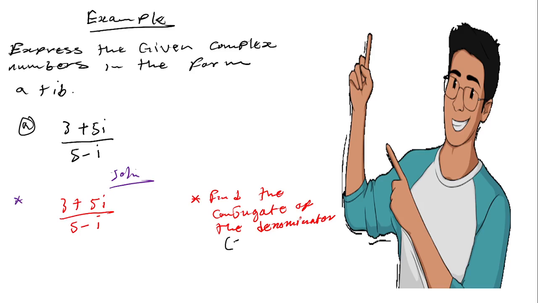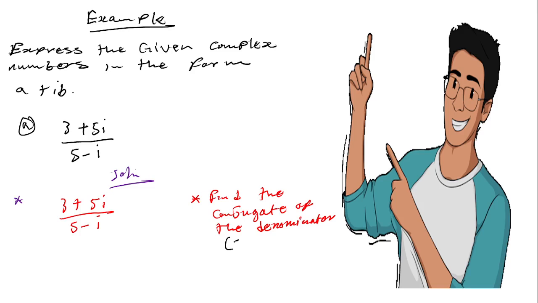After you find the conjugate of the denominator, your next step is to multiply that conjugate by both the numerator and the denominator.